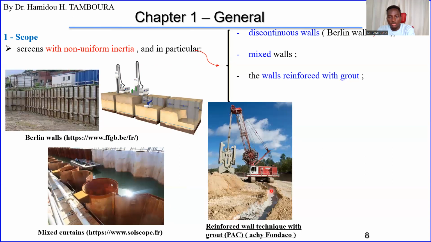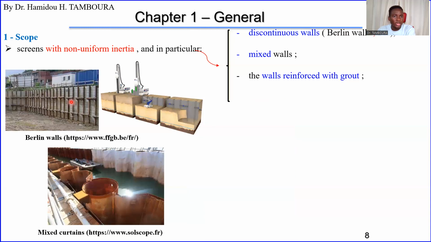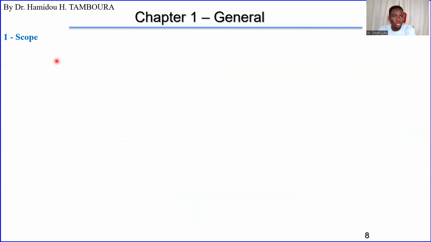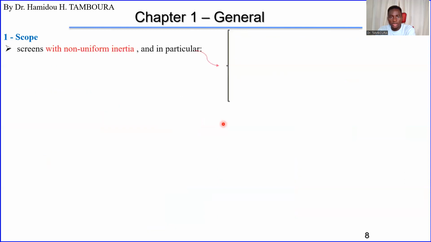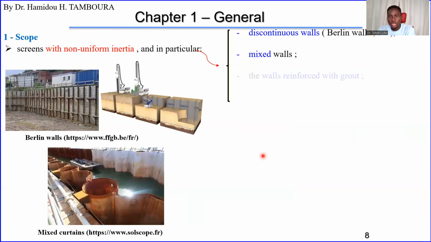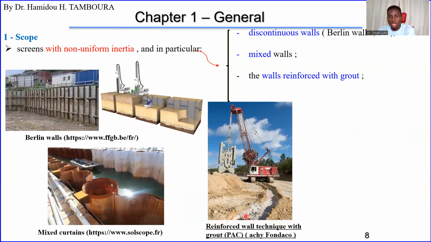This is the same procedure as this one, the diaphragm wall, but using just this grout. You see, the concrete is like a liquid, and we put it inside. And the same machine grabs the soil from inside to the surface.